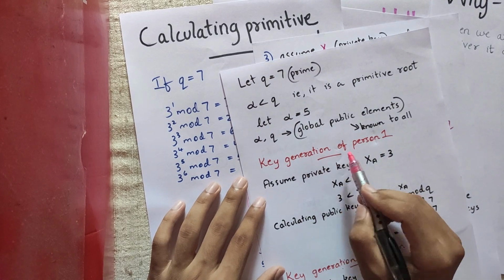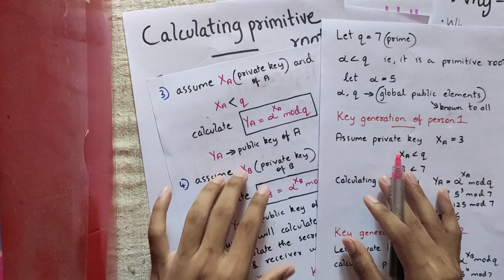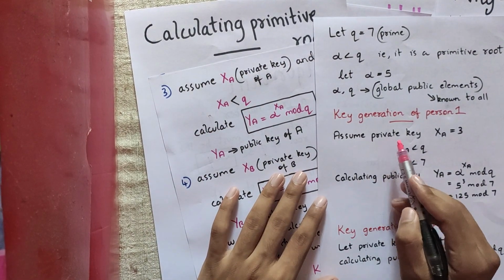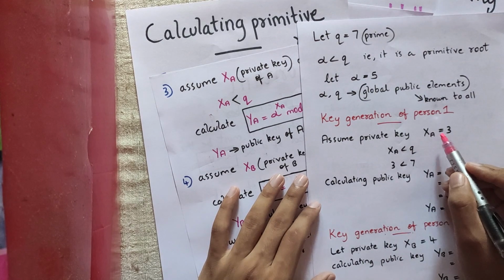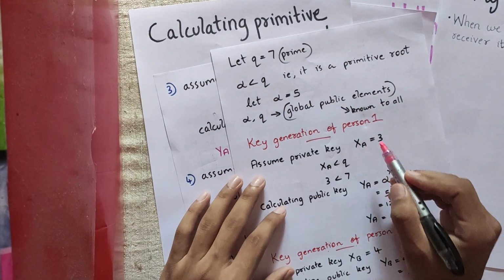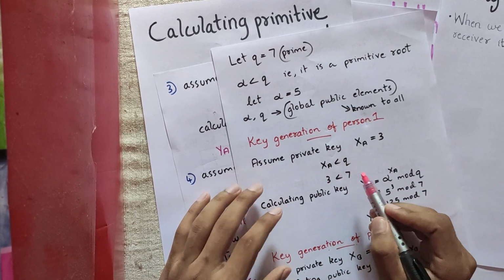And the key generation of person 1. As I told earlier about the key generation, assume private key xa, and I am assuming here the value 3 for xa. That is, it should be less than q, so 3 is less than 7.